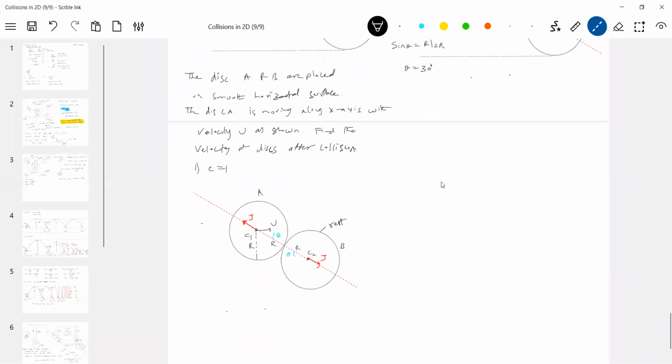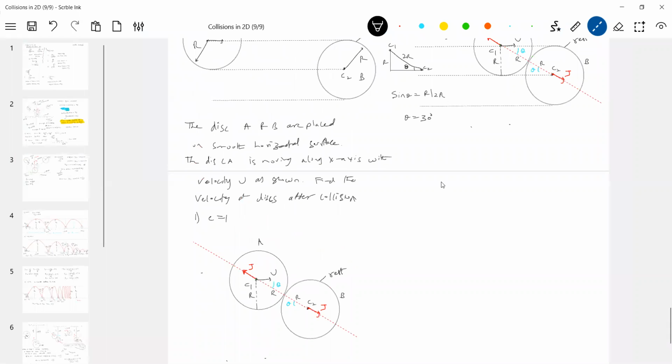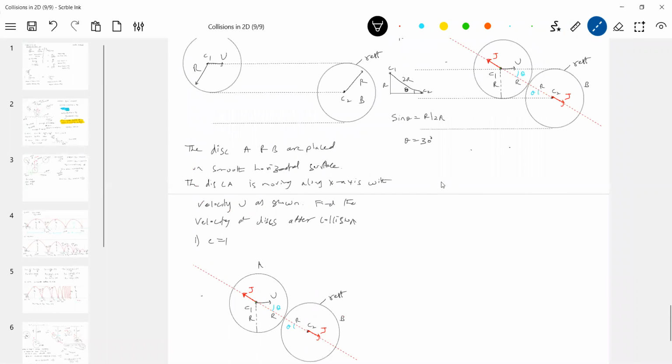I'm finding diagrams very difficult. Okay, able to see now? So after collision, what will happen to this x component, u cos theta? U cos theta will be given to this by the impulse. I'll take it out because after collision the impulse should not be there. So I'll directly conclude the problem.